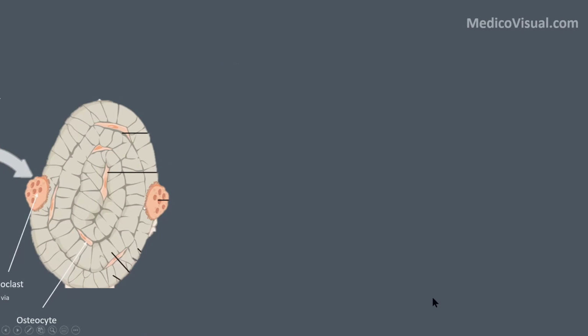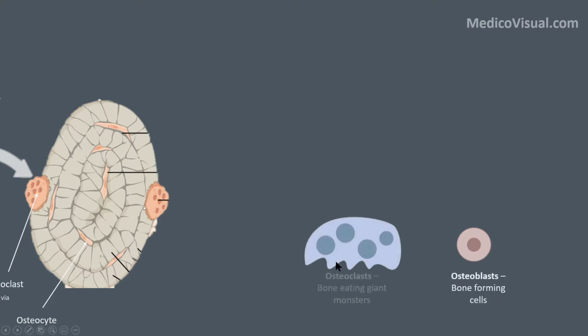We need two types of cells for bone remodeling: osteoblasts, or bone forming cells, and osteoclasts, these bone eating giant monsters. These are multinucleated giant cells involved in the process of bone resorption. Where do these cells come from?